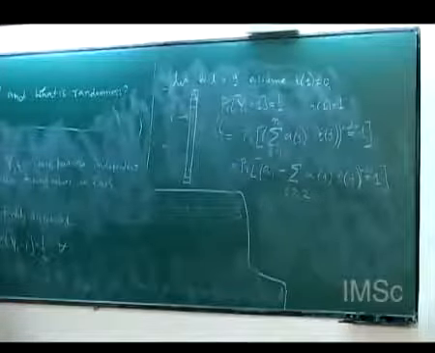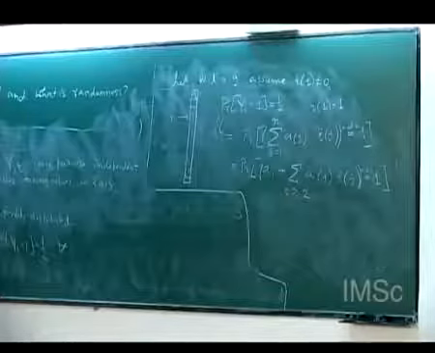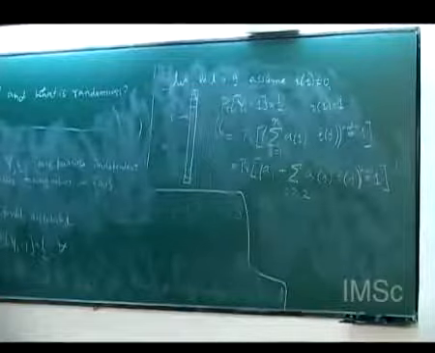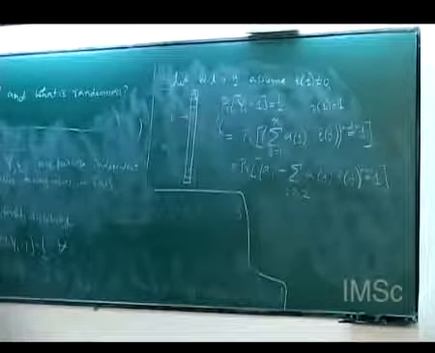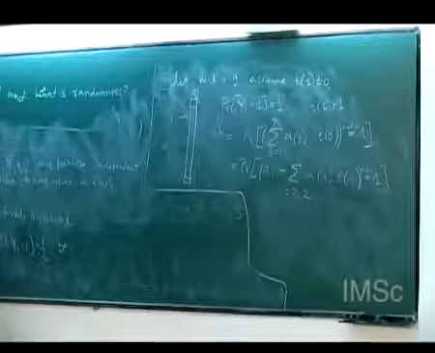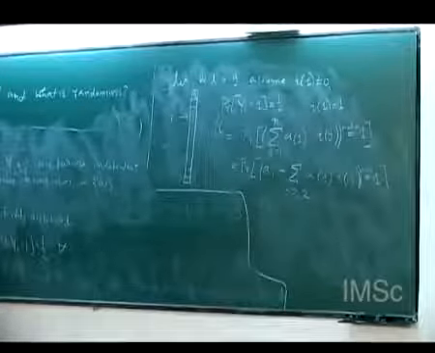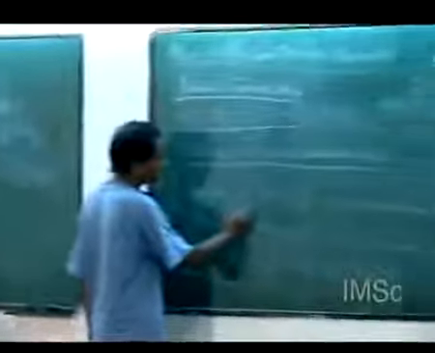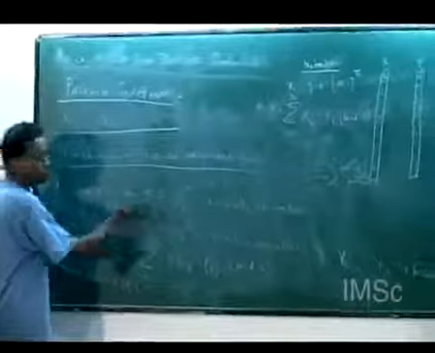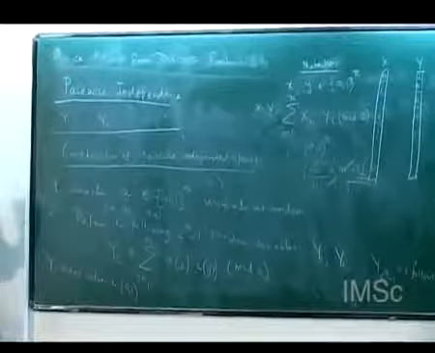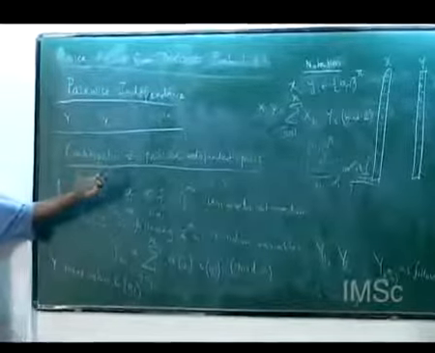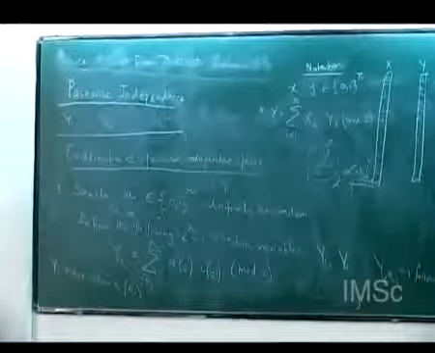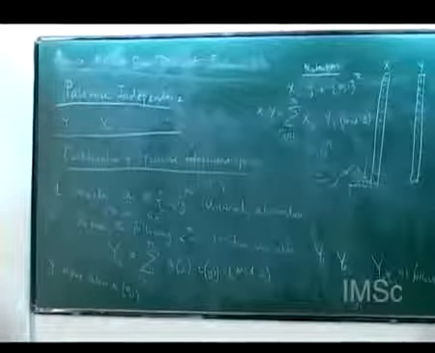Now can anybody say why it should be half? Any idea? Remember that choosing A uniformly at random really means choosing each of the bits A1 to AR independently and uniformly at random between 0 and 1.